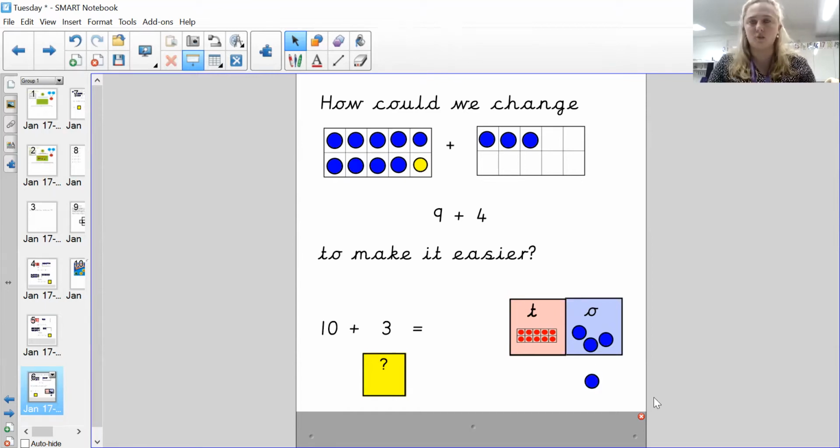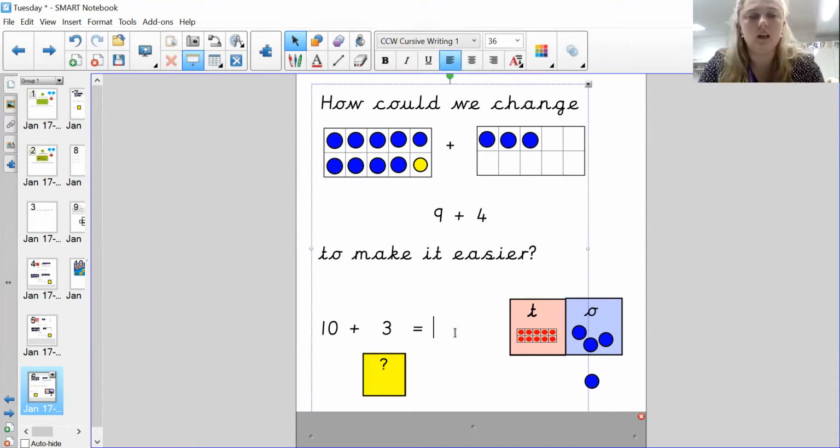So 1 ten and 3 ones. 10, 11, 12, 13. So 10 plus 3 equals 13. So if 10 plus 3 equals 13, what does 9 plus 4 equal? The same! Isn't that a fantastic trick?